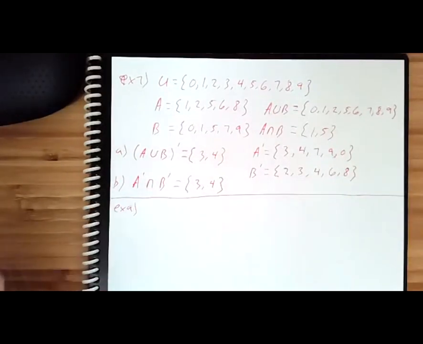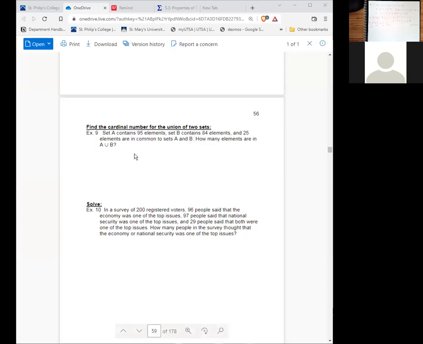I'm going to shorten it up just to save writing space. A set A contains 95 elements. So the number of elements in A is 95. The number of elements in B is 84. They have 24 elements in common. So that means A intersect B is equal to 25. They're asking how many elements are in the union.